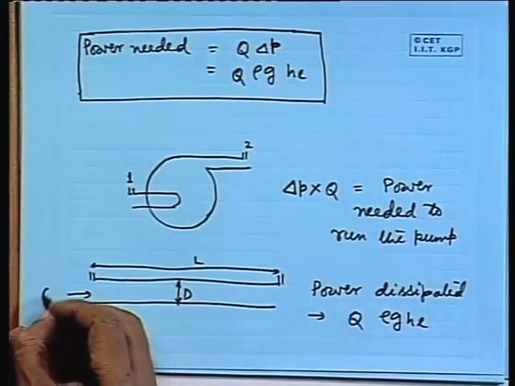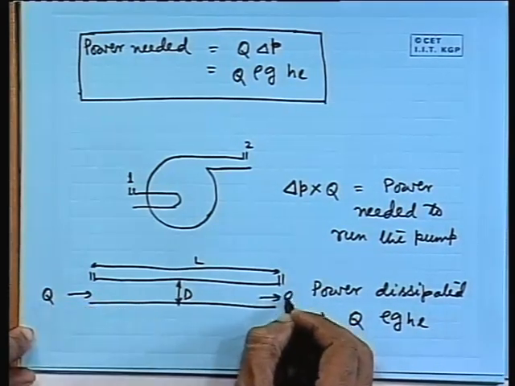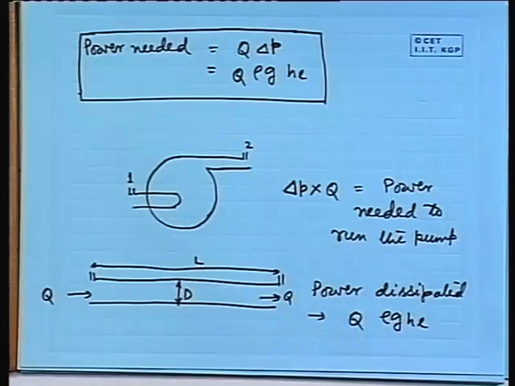So, this is Q, flow is going through this pipeline. Okay. So, we can use this equation in different places as and when required. We can use this equation to estimate the power.